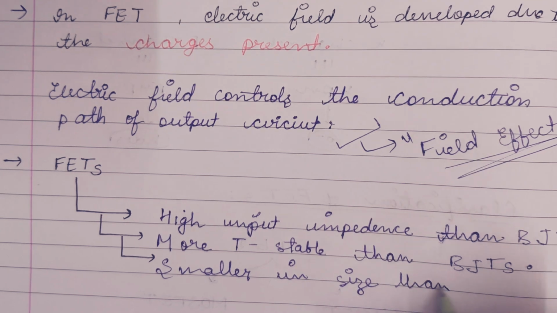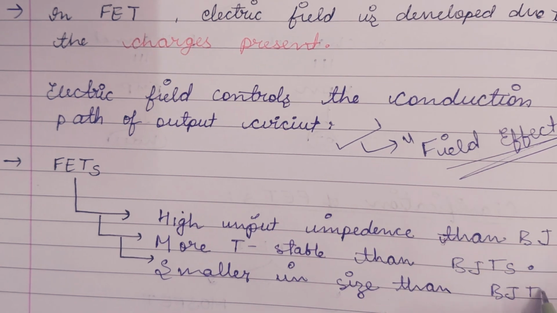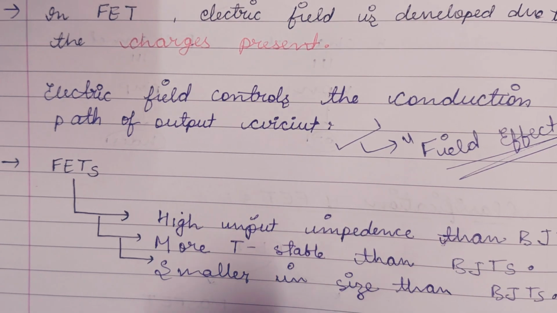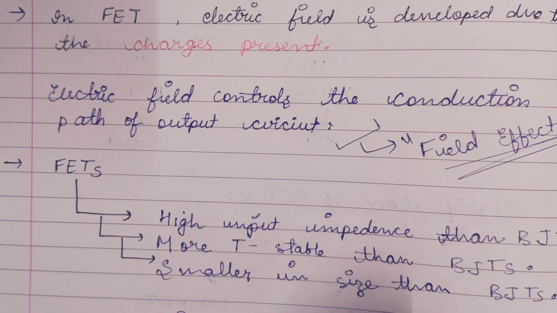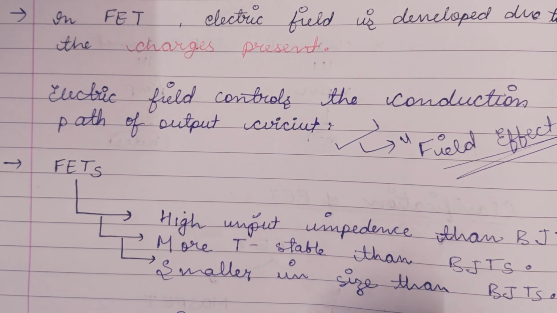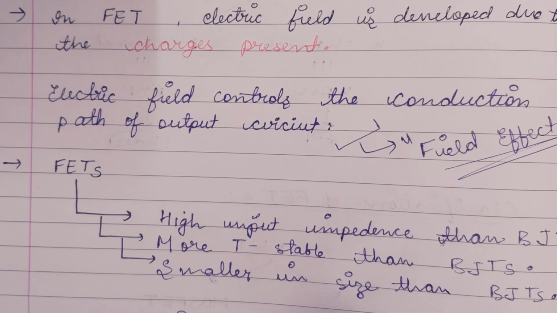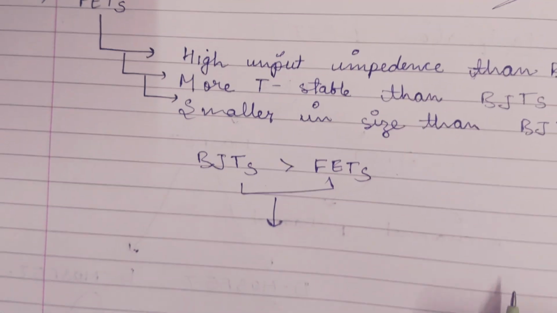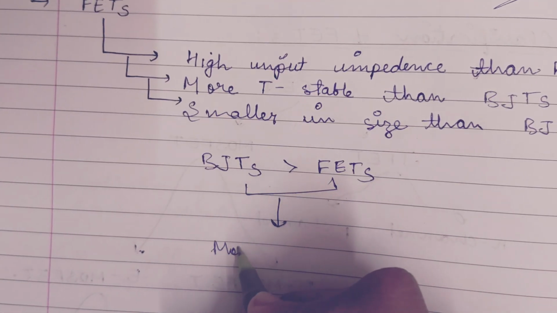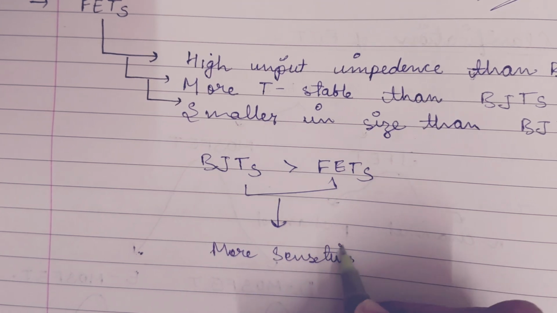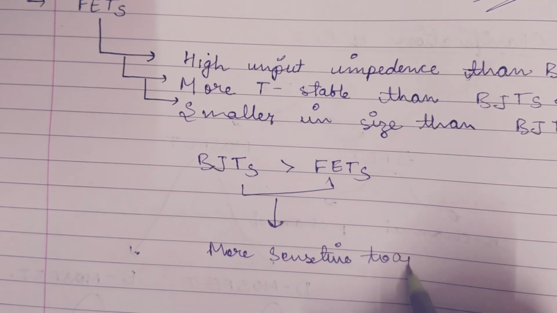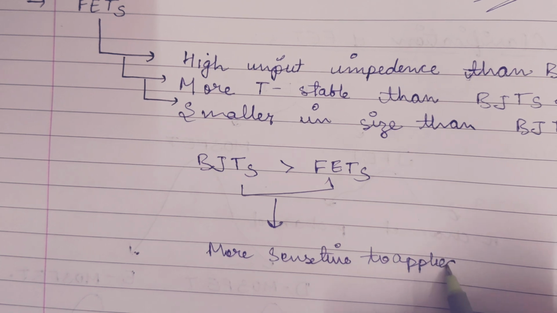But bipolar junction transistors have one thing greater than field effect transistors: they are more sensitive to applied signals.